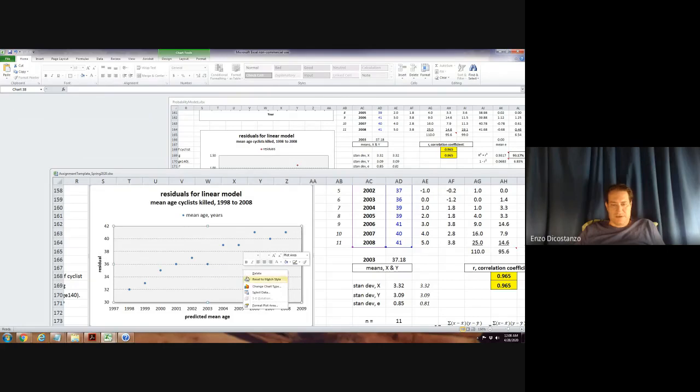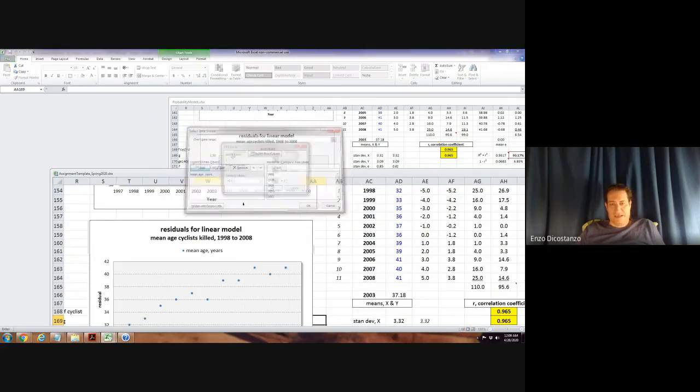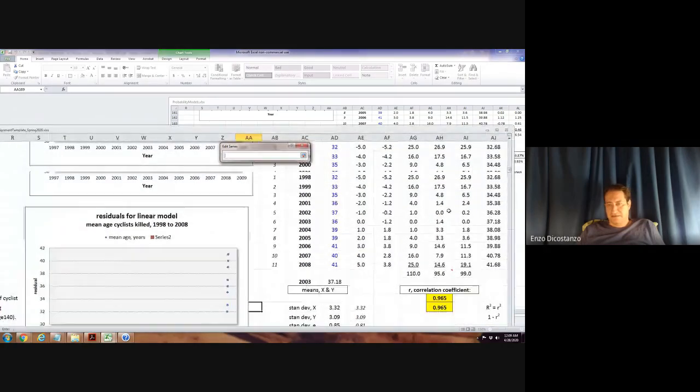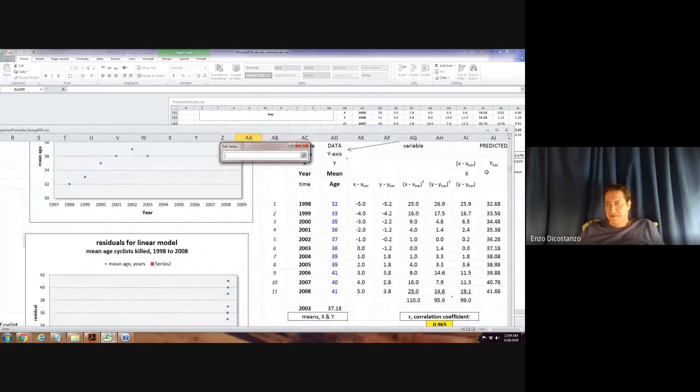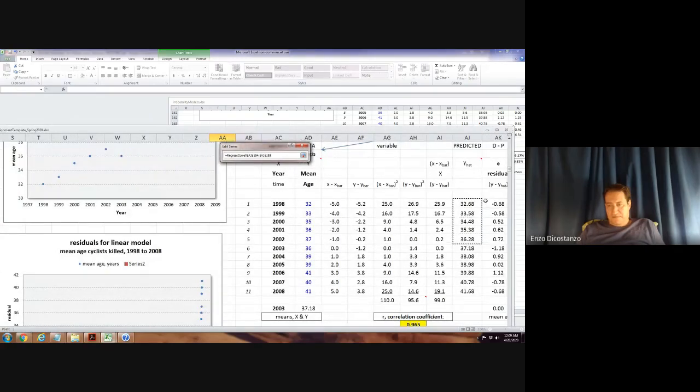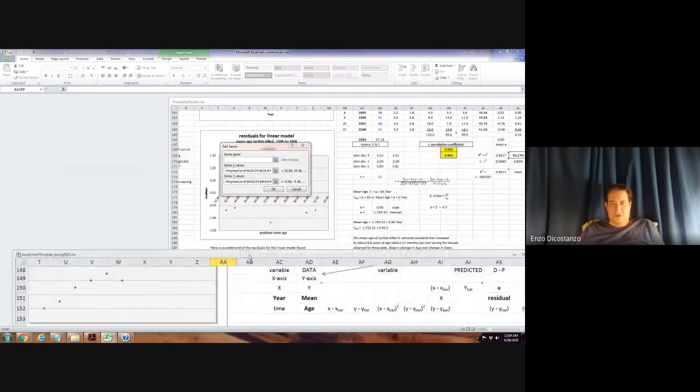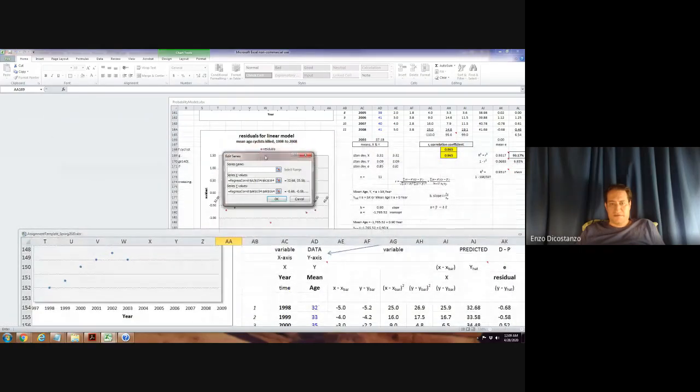Then you right click, select the data you're going to add. The X is what's predicted. And the Y are the residuals. And what do we call that stuff?